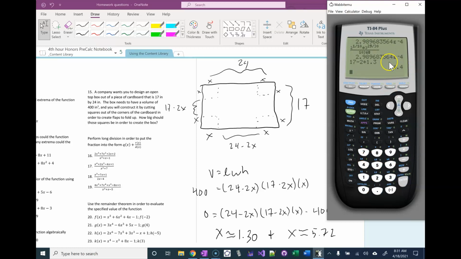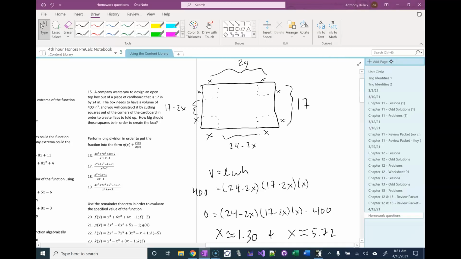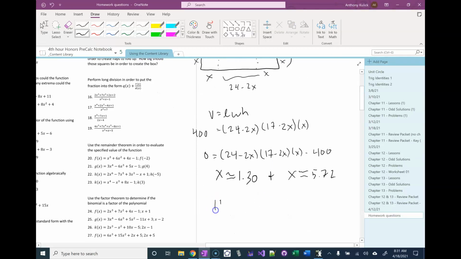So there's my width. And then 24 minus 2 times 1.3. There's my length, and my height would be the 1.3. So 14.4, 21.4 by 1.3.